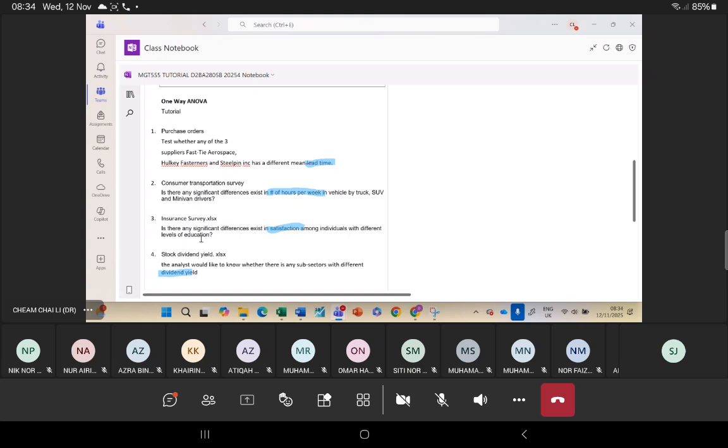And then what you need to compare is the mean of the satisfaction. So satisfaction is the variable, your factor, right? You punya factor adalah satisfaction. And for the stock dividend yield, your factor is dividend, right? Boleh ke?